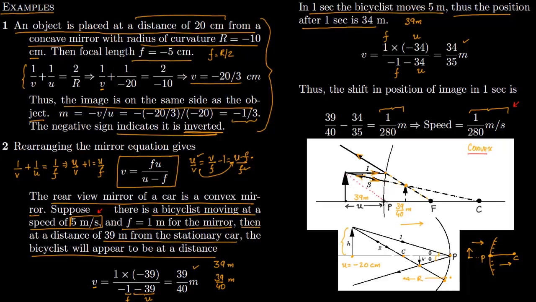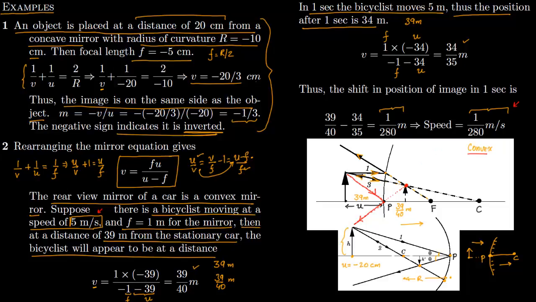If you send the ray to point P, this is how the ray will go. The red is the path of the actual ray. The ray goes like this and then it goes like this. But if you draw it backward, it will again intersect at this point. So you can get the object right here.